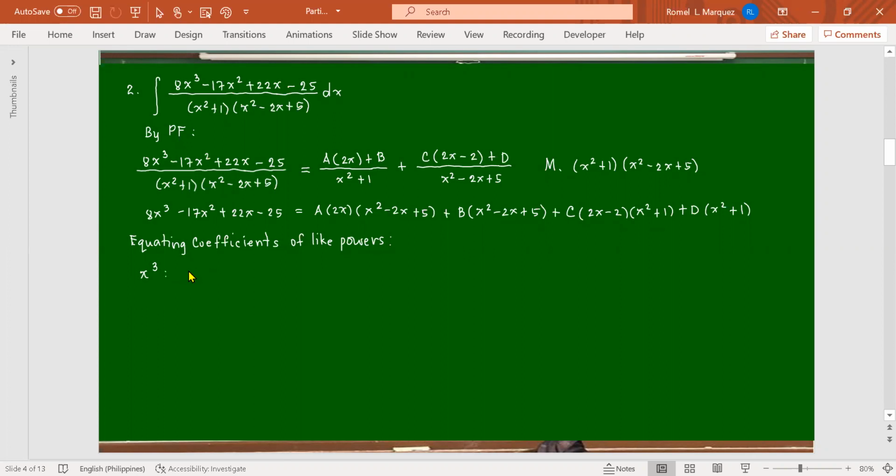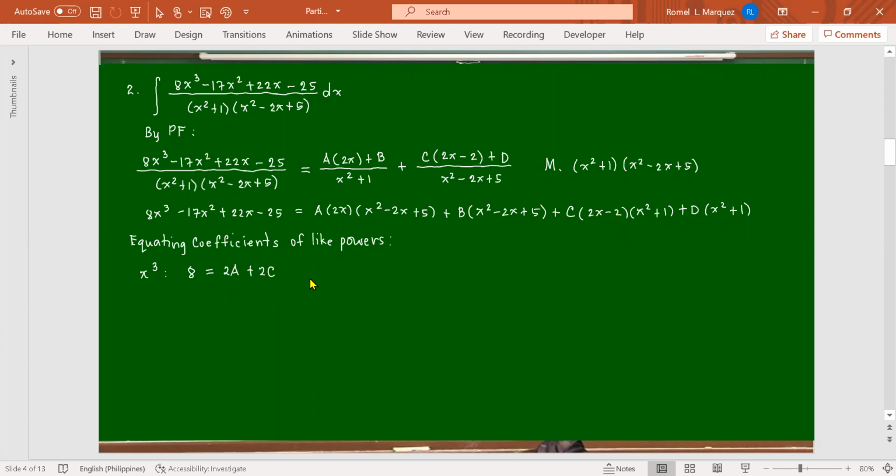So 8 is the coefficient of x cubed on the left. For those terms with x cubed on the right, when multiplied here, we get 2a for the coefficient of x cubed. No more here. So 1 here, times 2c. So we have 2c for the coefficient of x cubed.